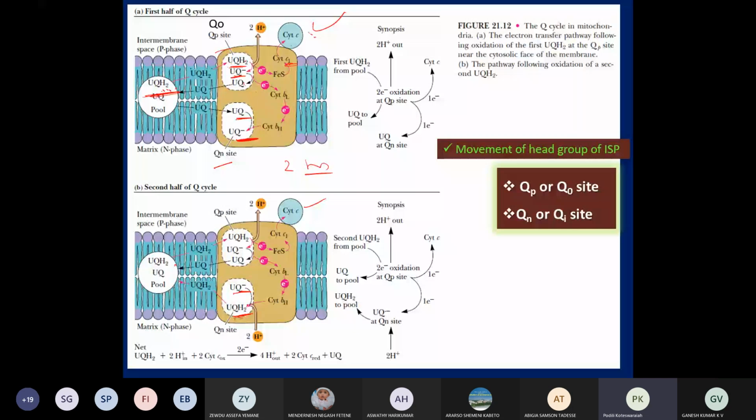So in the Q cycle, 2 molecules of ubiquinol QH2 are utilized, but one QH2 molecule is regenerated. Only one is used net, but 2 electrons are transferred to cytochrome C, the mobile electron carrier. The net gain is that only one ubiquinol is utilized, 2 cytochrome molecules are reduced, and 4 protons are translocated across the membrane into the intermembrane space.